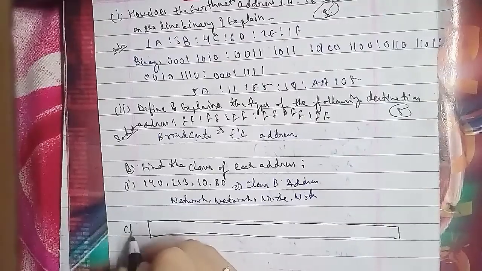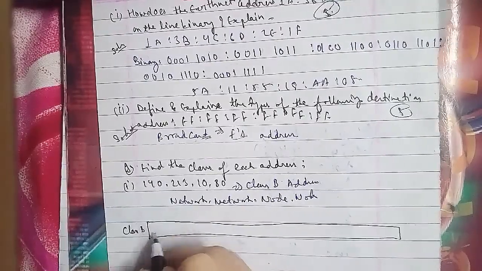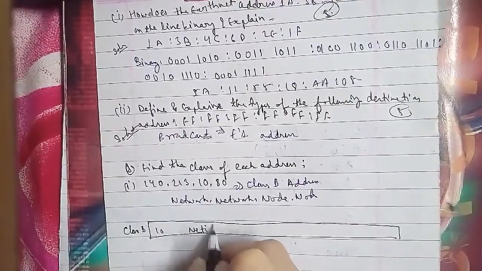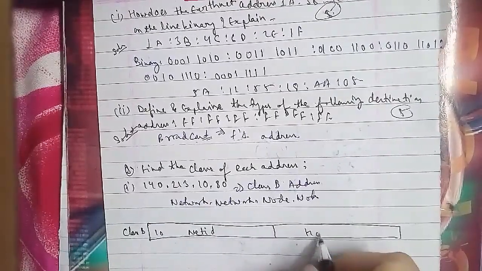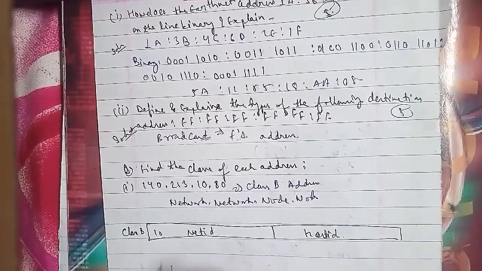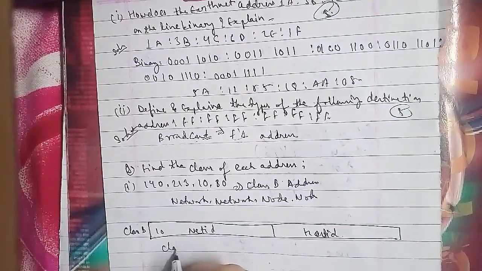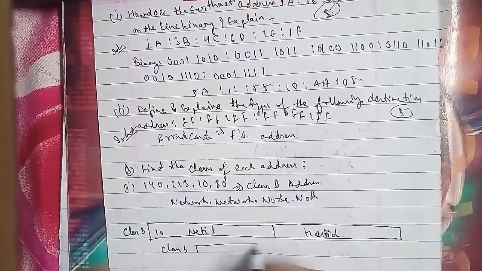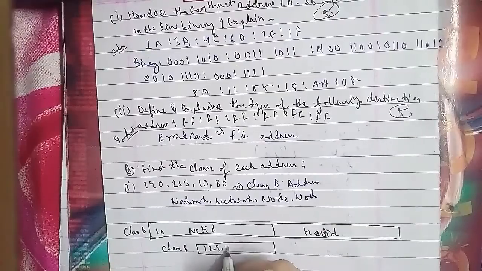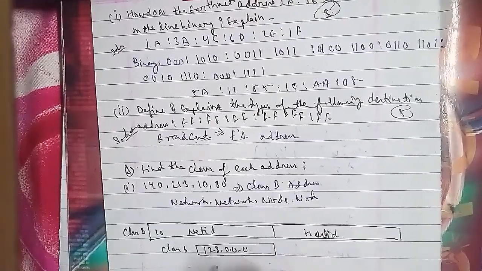This is from 128.0, which is your net ID, and the remaining part is your host ID. And for the end we have 191.255, this is net ID, then 255.255, this is your host ID.